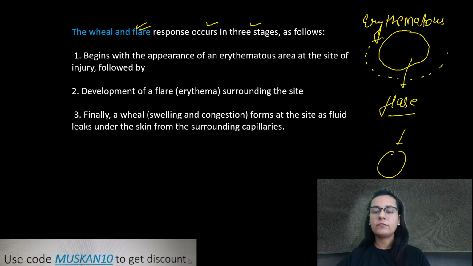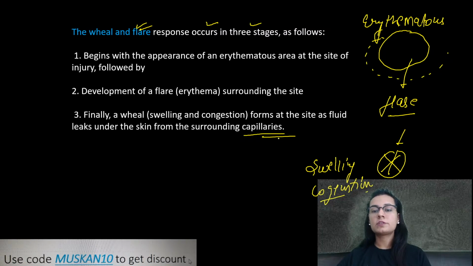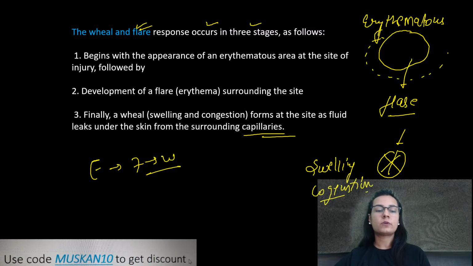Finally, the wheal, that is the swelling and the congestion. Congestion due to the accumulation of blood in the surrounding capillaries, so causing what? The erythema, followed by the flare and the wheal response. That is the wheal and flare response. The wheal swelling and the congestion will appear at the last stage, right?